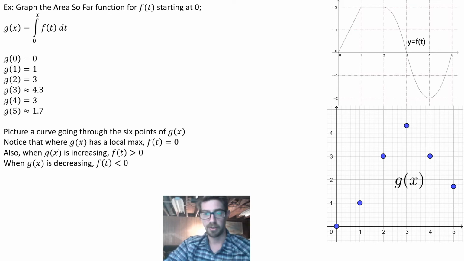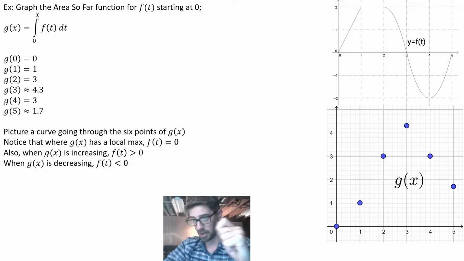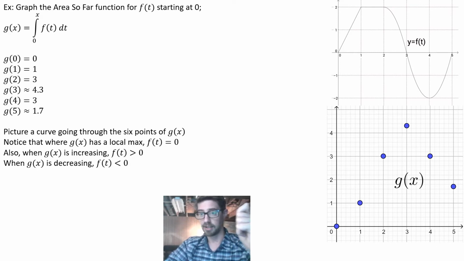So think about it. Look at all that stuff we just said, right? This all suggests that the derivative of g of x is f of t. I didn't say that wrong. It's backwards now. The derivative of the thing we just drew is the original function f of t, which means, to say it another way, to get g of x, to get these areas, we are doing an antiderivative.